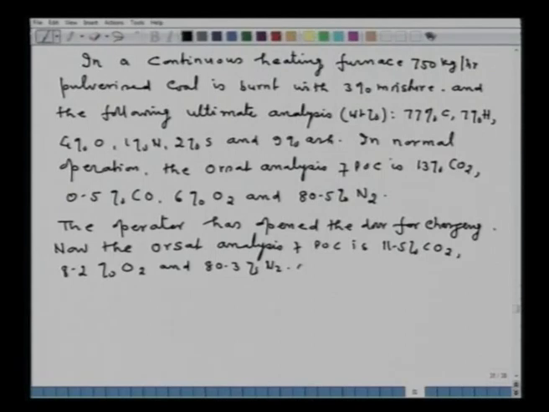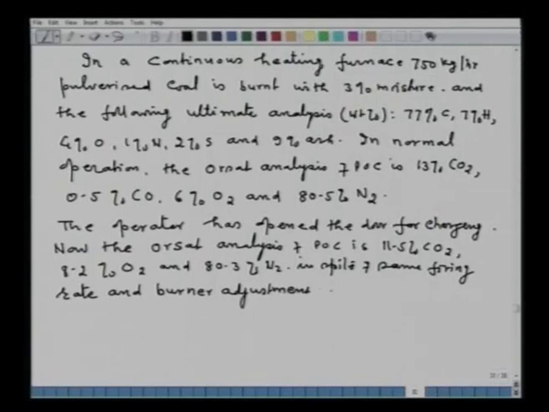in spite of the same firing rate and burner adjustment as in normal operation.